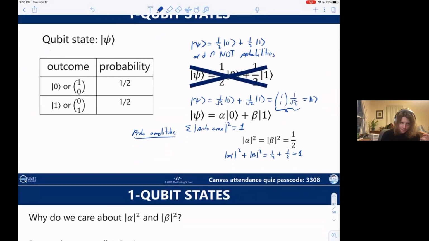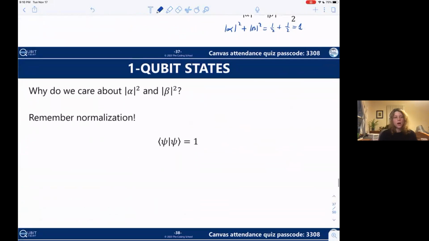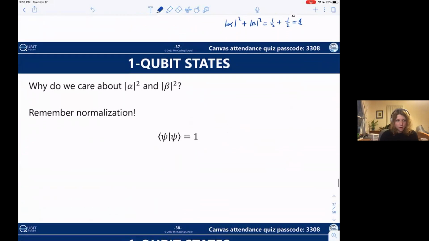So thank you, Eric. So we care about our probabilities, where we care about the square of our probability amplitudes, because that will give us our probability, and we know that our probability must always sum to 1.